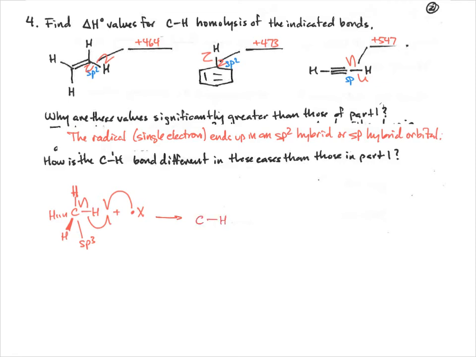The carbon now changes hybridization. So we're now sp2 hybridized carbon, and the radical is residing in a p orbital.